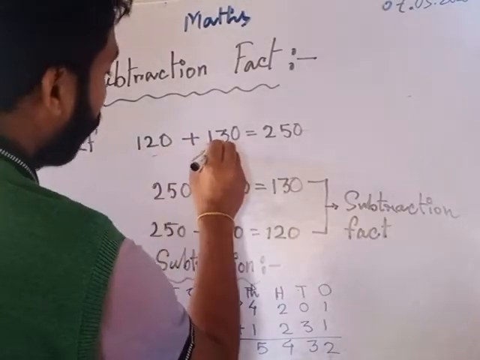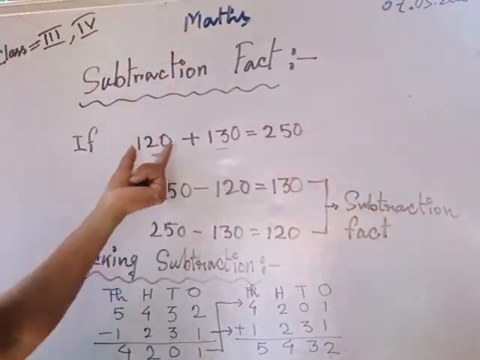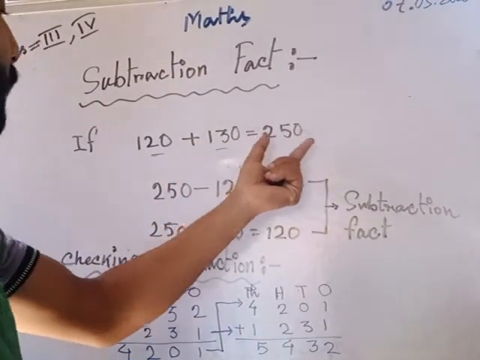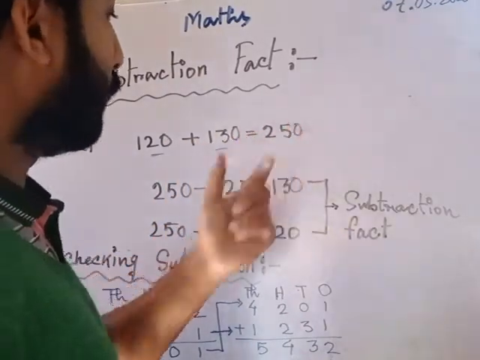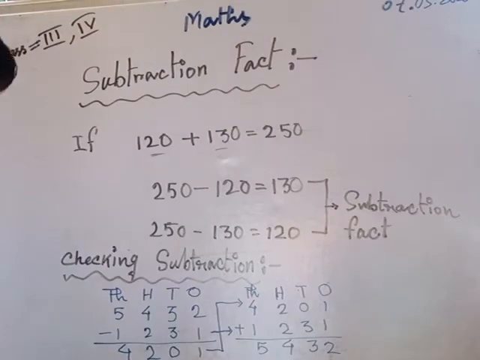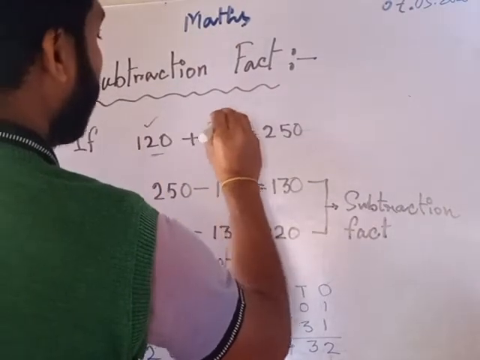If these two numbers are 120 and 130, the sum is 250. You get this number by adding these two numbers.